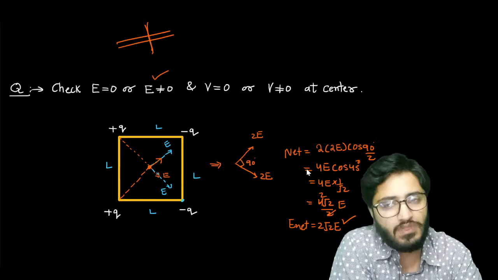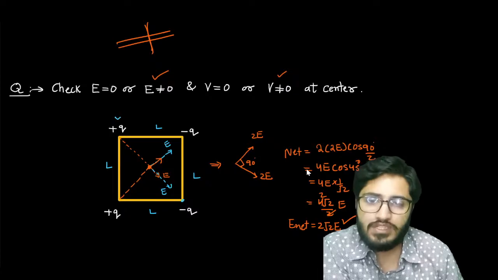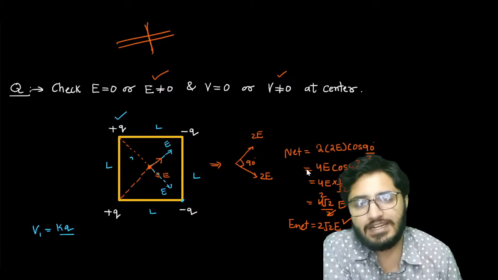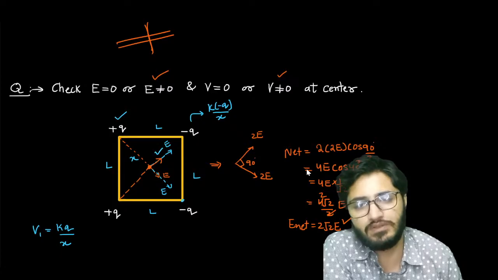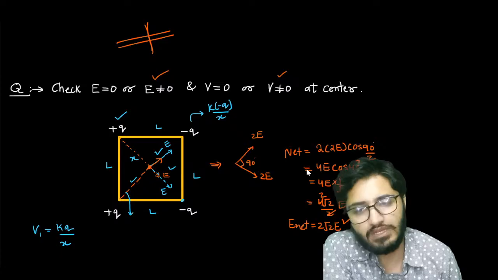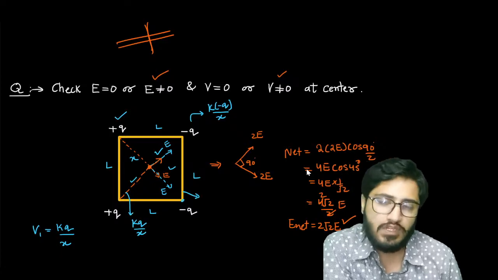Now we will check the electrical potential. Due to this charge, the electrical potential will be KQ by X, if the distance is X. Due to this one, it will be K(minus Q) divided by X. Similarly for this one and this one.